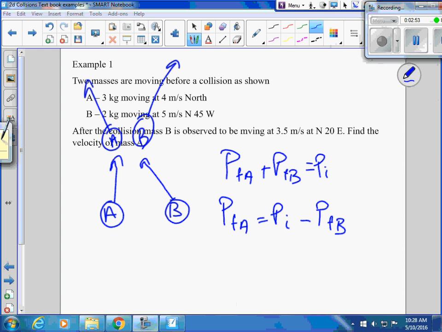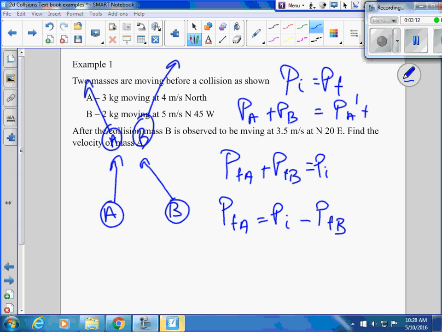We know that initial momentum is equal to final momentum, right? And you could say that the initial momentum is momentum A plus momentum B, which is equal to momentum A prime plus momentum B prime. Remember, the prime refers to after the collision.